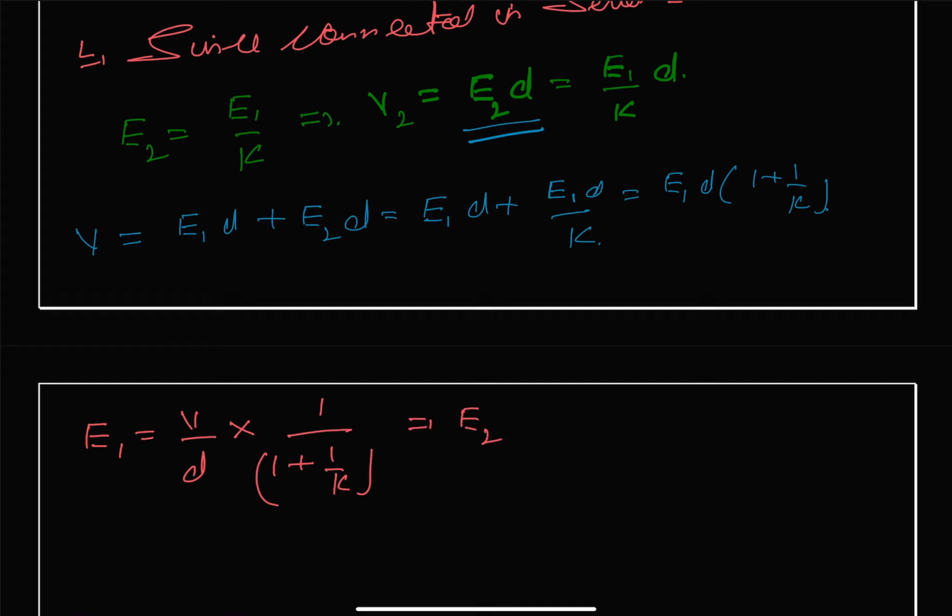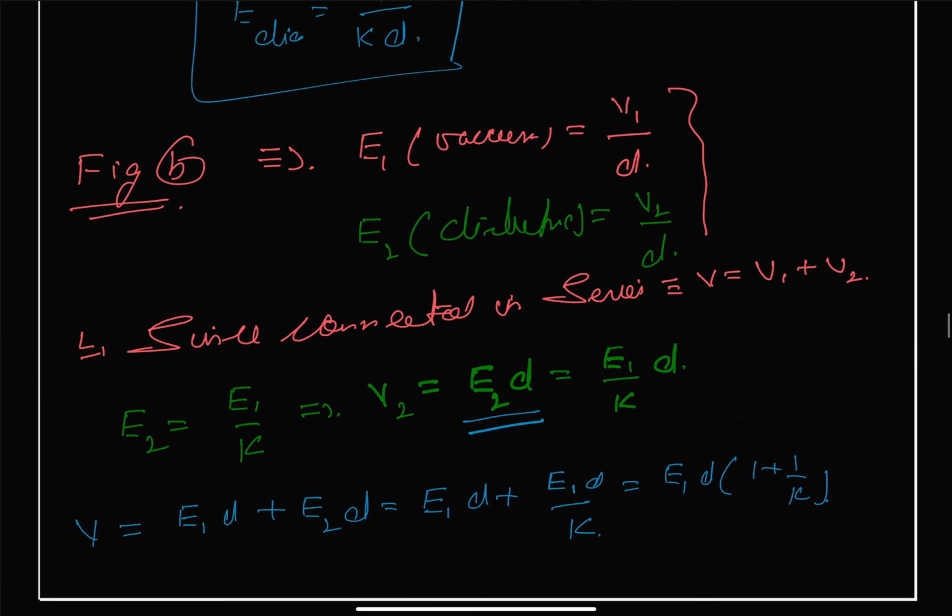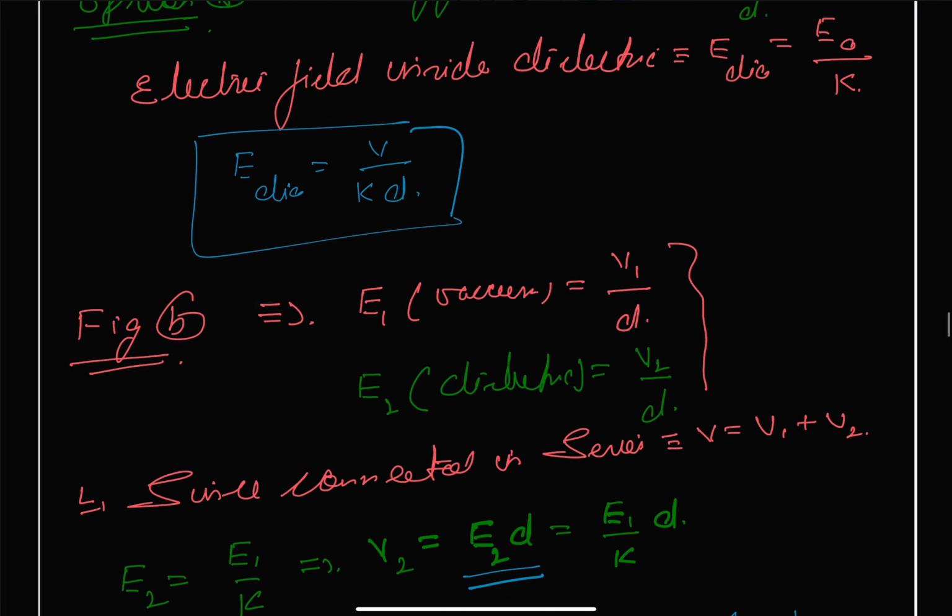E2 will be equal to E1 by K, so this comes as V upon K times D multiplied by 1 upon 1 plus K. Let us call this equation number 1.